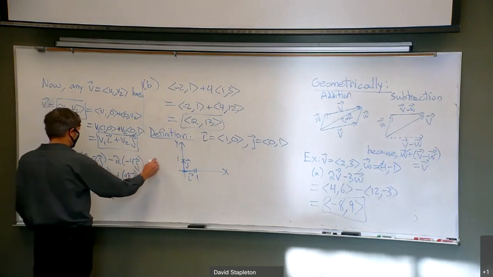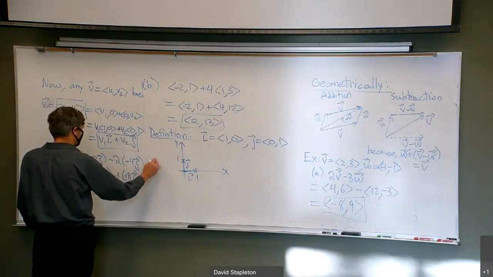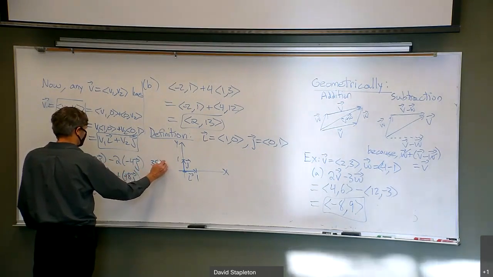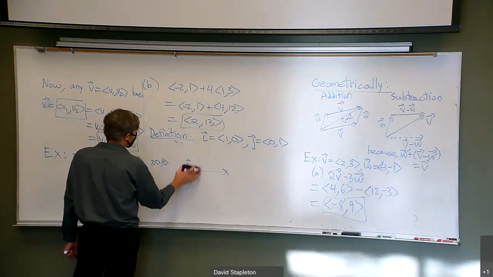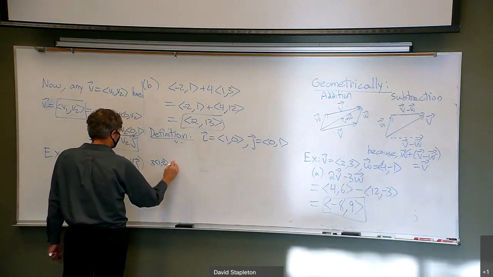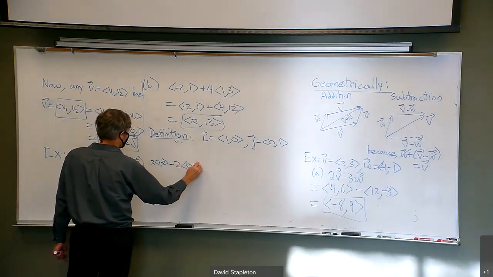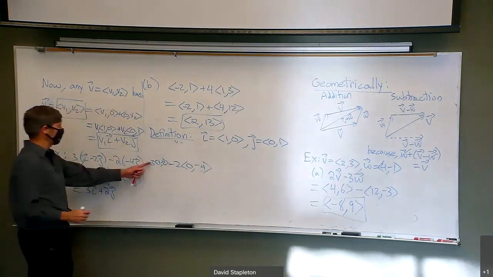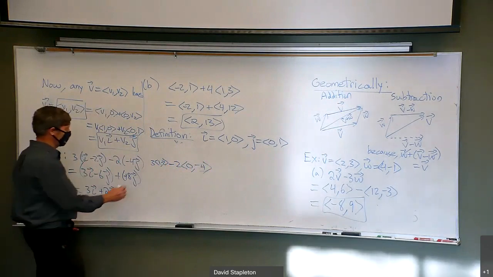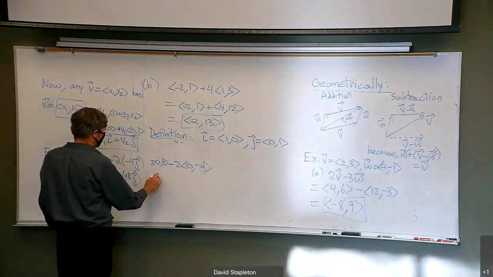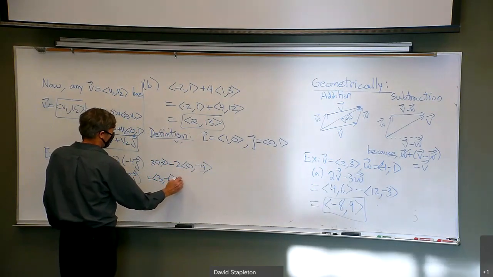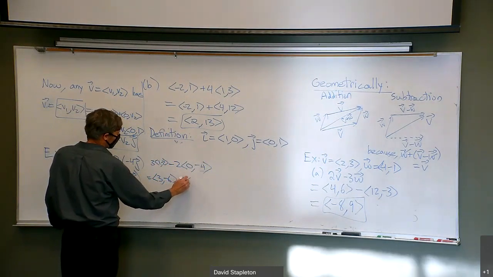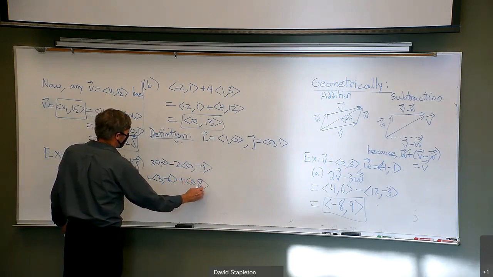In the other notation, this would be: what is 3 times the vector 1, minus 2, minus 2 times the vector 0, minus 4? So this is the other notation, which means the same thing as this. And you just take 3 times this one. Say it's 3, minus 6. Plus, if you like, 0, 8, canceling the minuses.